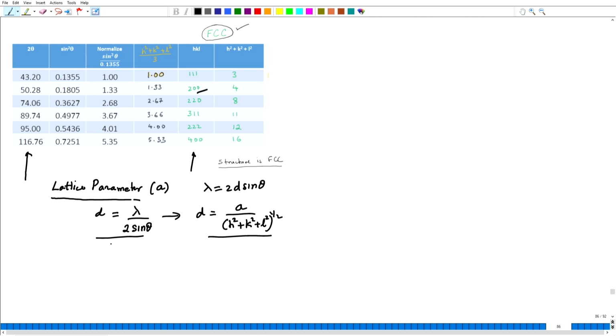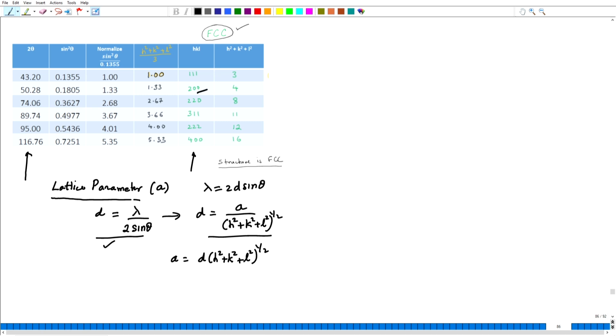I get the d values from the first equation, and then from the second equation one can find the lattice parameter as simply A equals d times h square plus k square plus L square to power half. Again, from each of the peaks I will get a lattice parameter value, and of course they must all give the same lattice parameter, but since this is experimental data, we would get some differences in each of the A values.